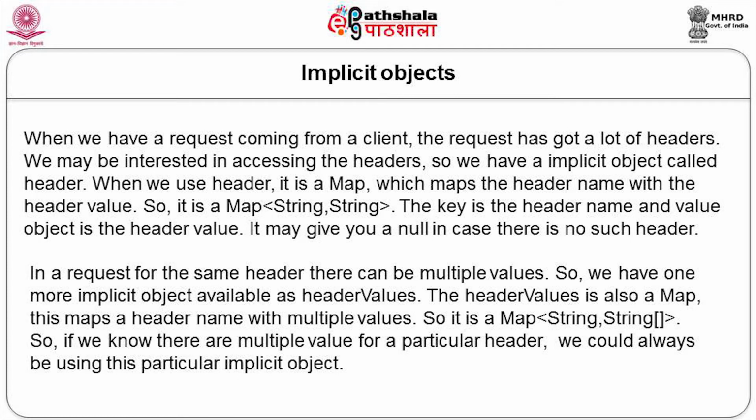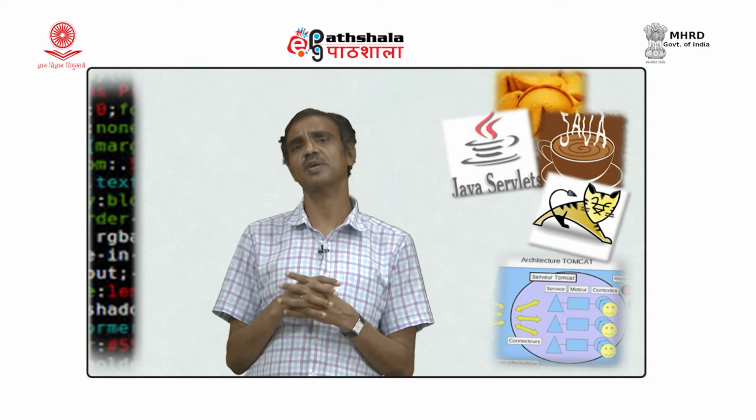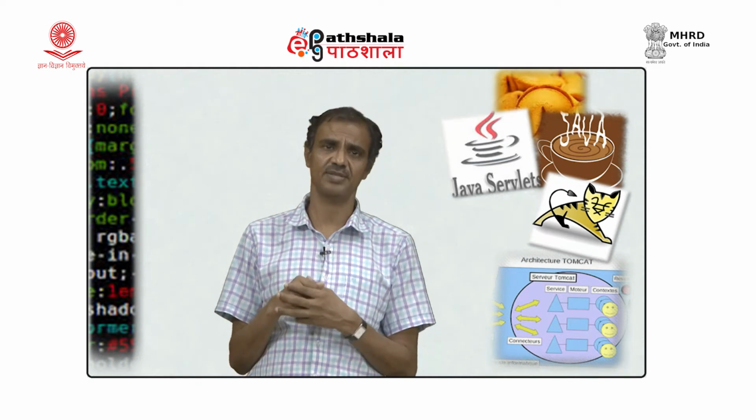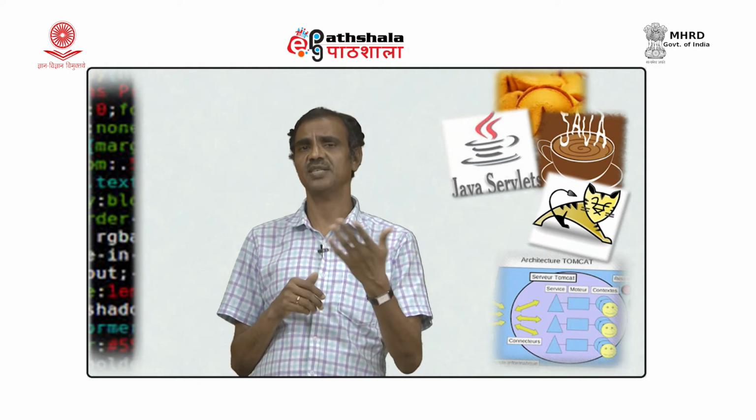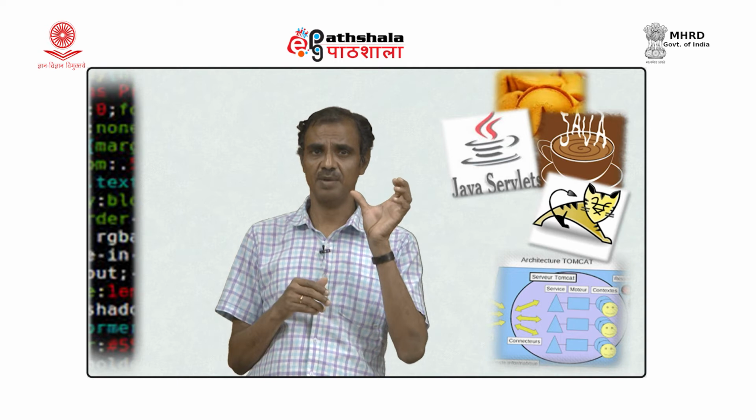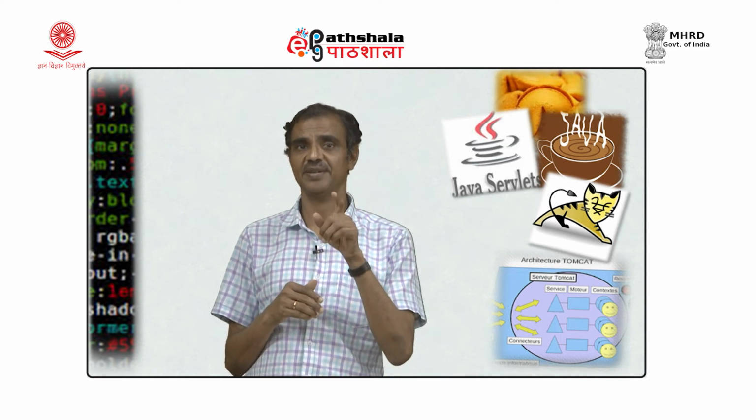Okay. When we have a request coming from the client, because of course, when we have a JSP which is active, there is a request which has already come from the client. So, when the request has come from the client, the request has got a lot of headers, and we want to access the headers. So, we have an implicit object called header.